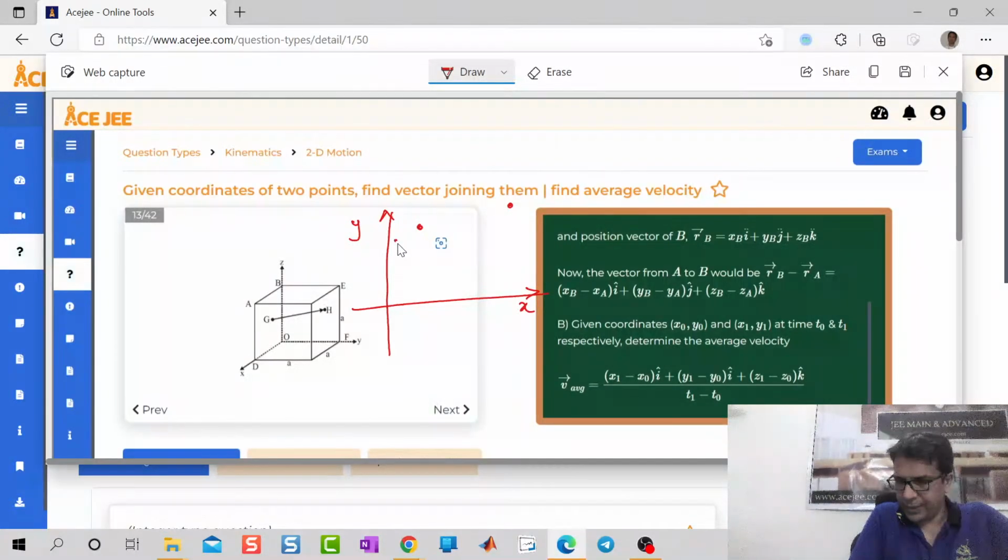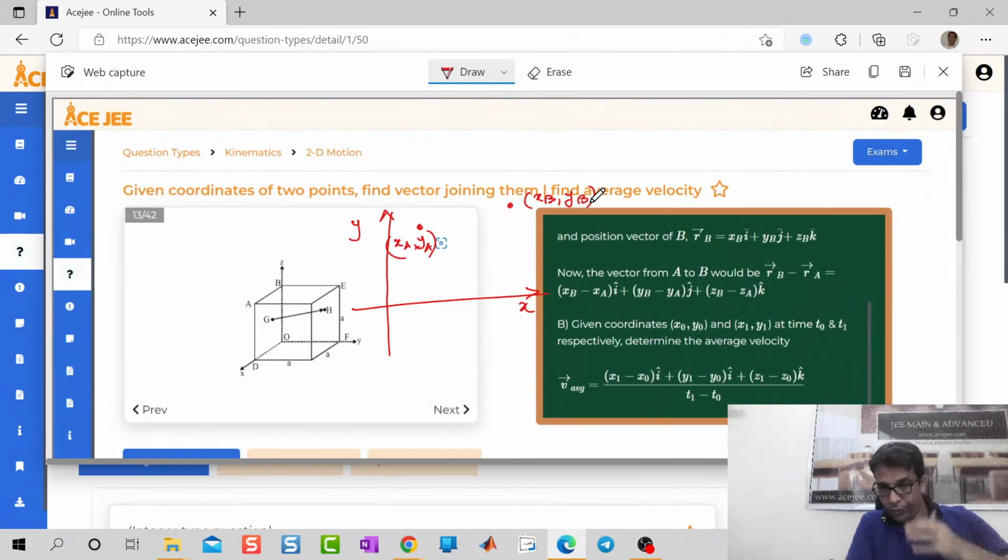Let's say this is XA, YA, and this is XB, YB. If somebody were to ask you what the average velocity is, if the time it takes to go from A to B is, let's say, delta t, then what will be the average velocity for this scenario?